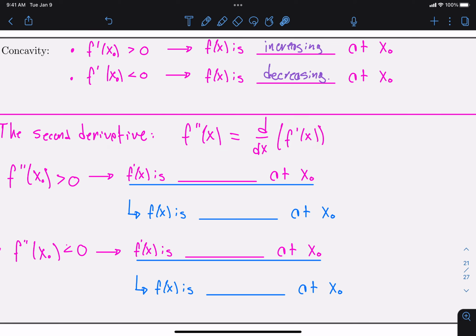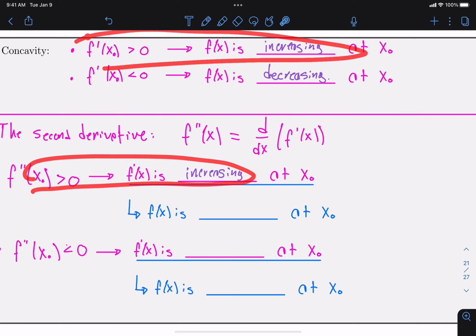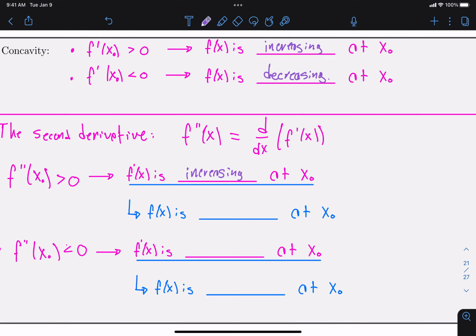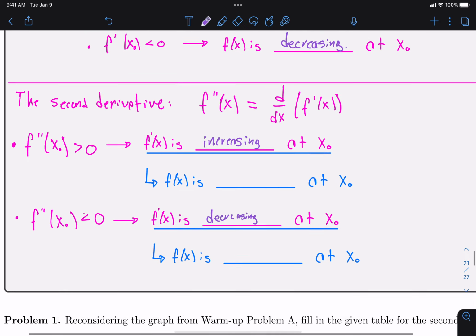Well, if the second derivative is positive, then that tells us that our first derivative is increasing, right? Same as before. So this is just a carbon copy of this statement up here, but with one extra apostrophe. And then what does that tell us about the actual function itself?